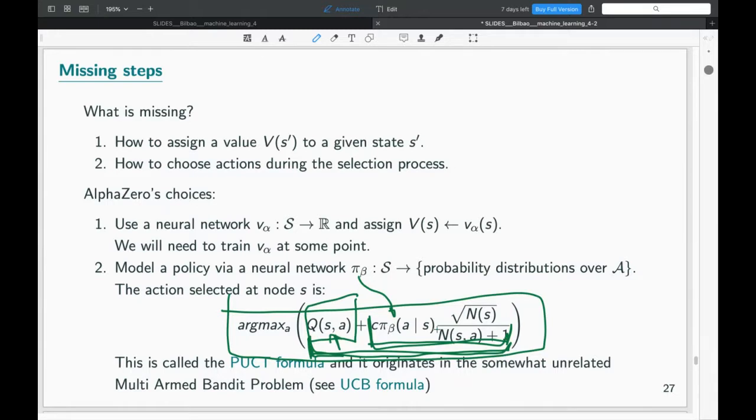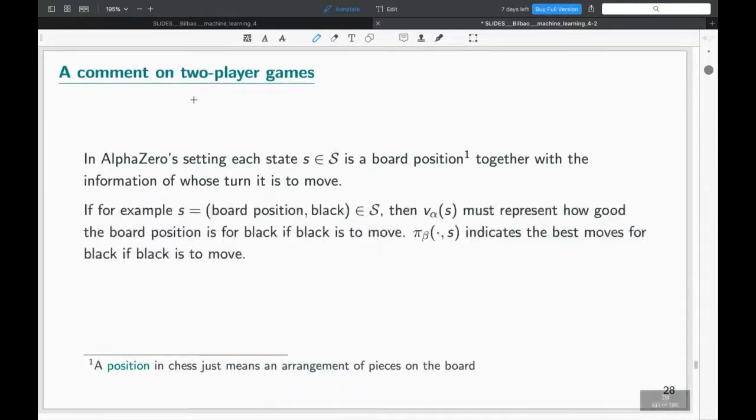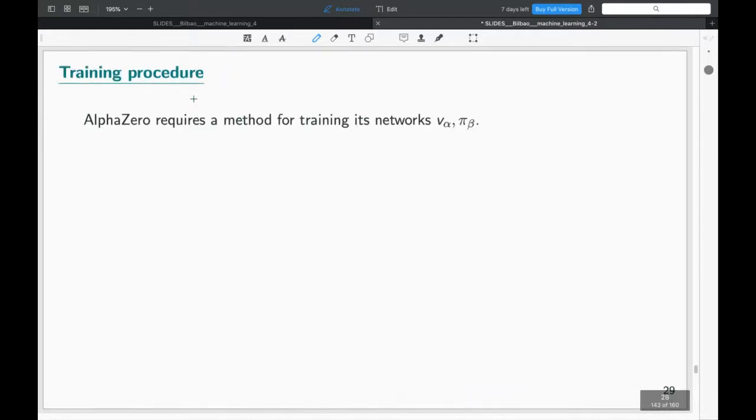Okay, so I'm not going to discuss more about this formula. It comes from, as I said, a very interesting topic. It originates on a very simple problem, which has very little to do with what we are talking about now. Okay, I will skip this.